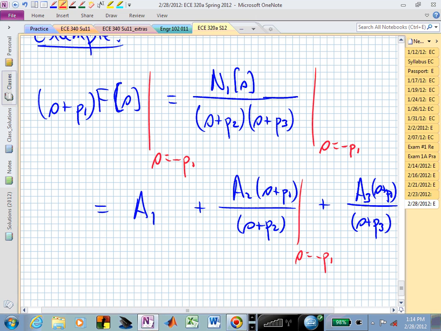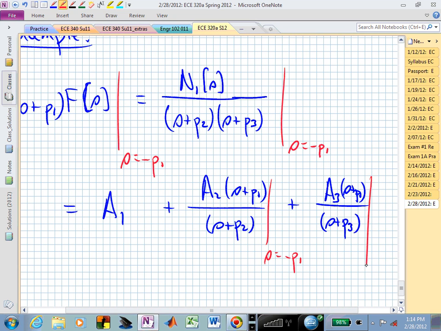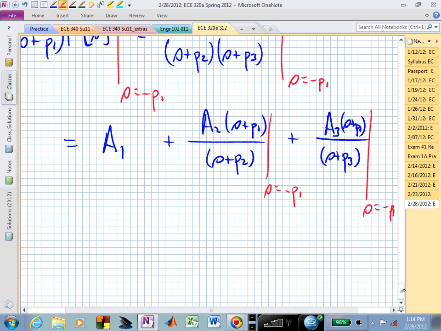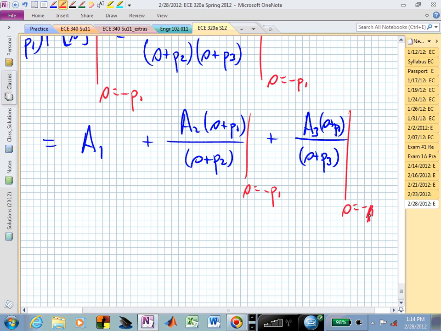Likewise, for the last term in that partial fraction expansion, it likewise vanishes, and that's why I now just have the A1 available to me.